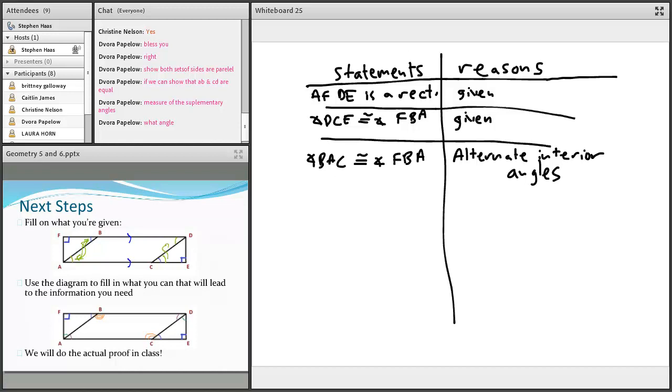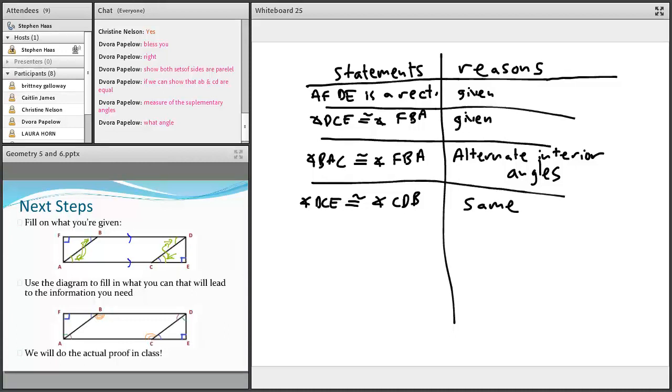They're also alternate interior angles. So I'll also say angle DCE is congruent to angle CDB. Again, we're talking about this one and this one, and for the same reason, same as the previous one.